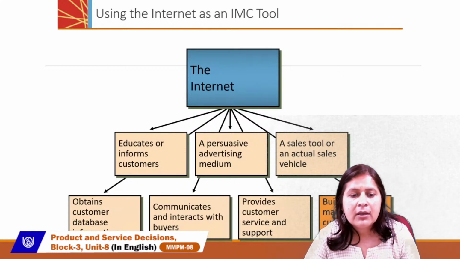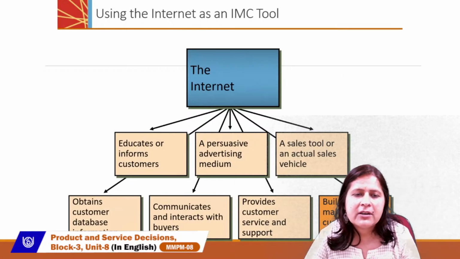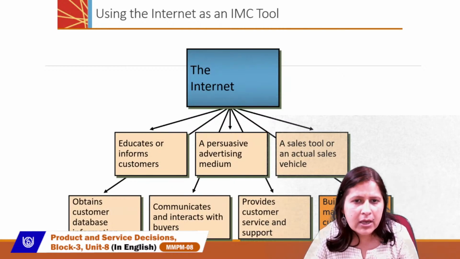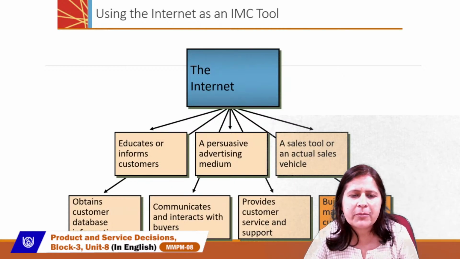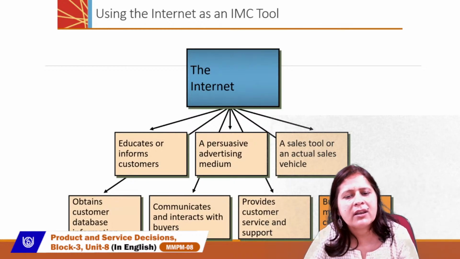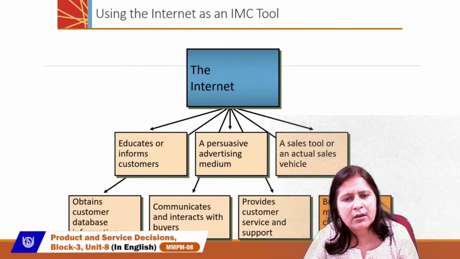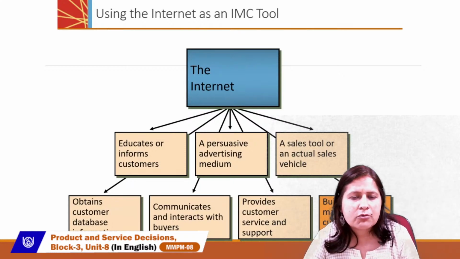In another way, they obtain customer database information through AI, right? Because of the development of artificial intelligence, whenever you click on any ad of your interest, it will start showing the same type of ads, and through cookies the companies get the customer database information.